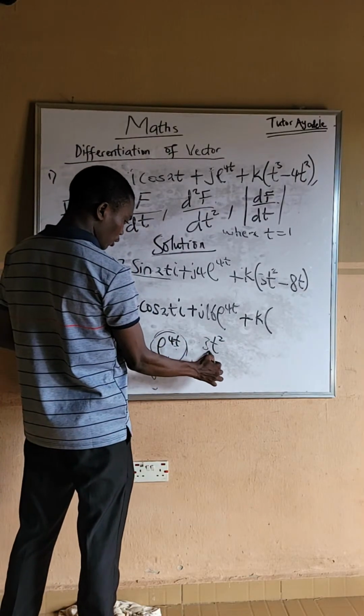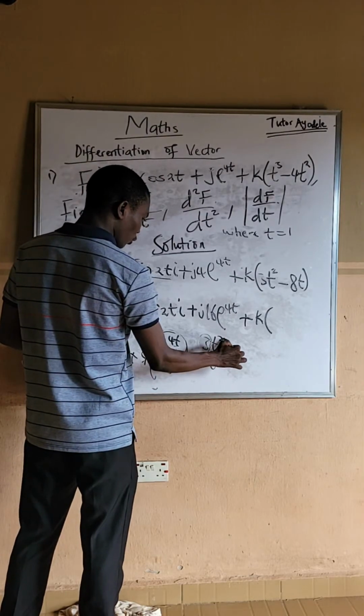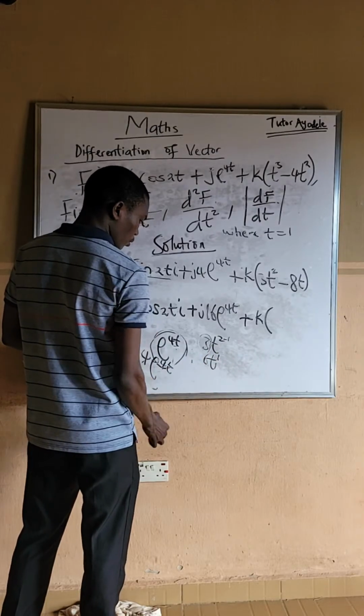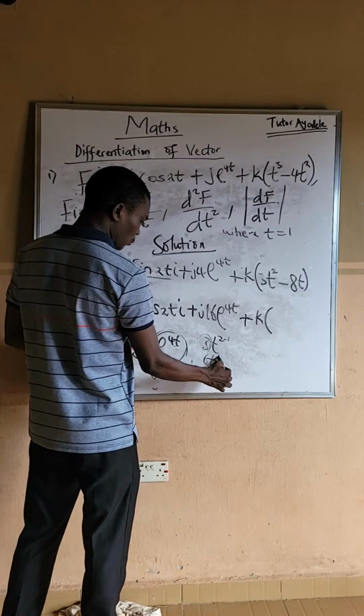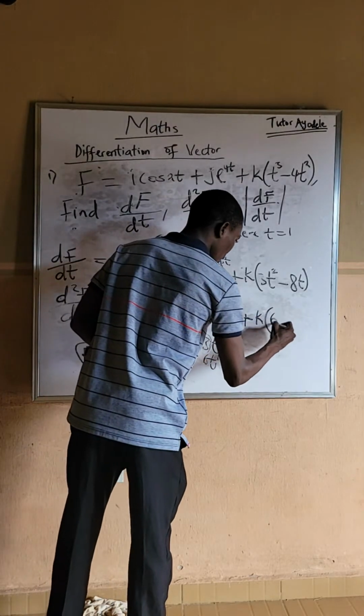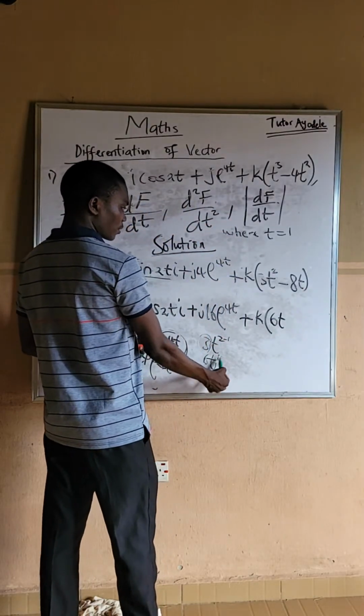It will be 6t, then if you subtract 1 from the power it will be 1. So 6t raised to the power of 1 will give me 6t, because t raised to the power of 1 will still give me t. So I will have 6t.